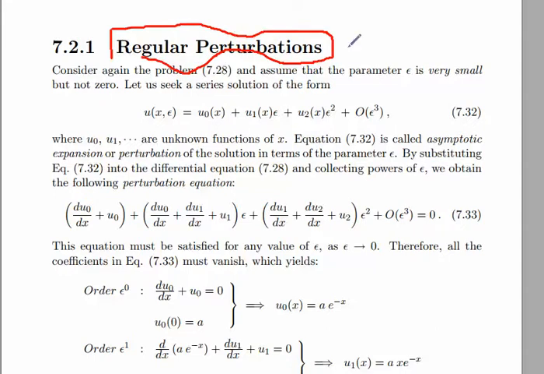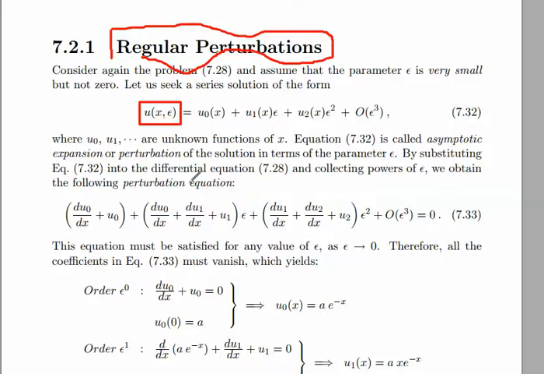In the regular perturbation method, first of all, we have an unknown function u of x in a single variable, or u of x,t if you are dealing with PDEs, where it will be a function of more than one variable. But here we deal with single variable unknown functions.